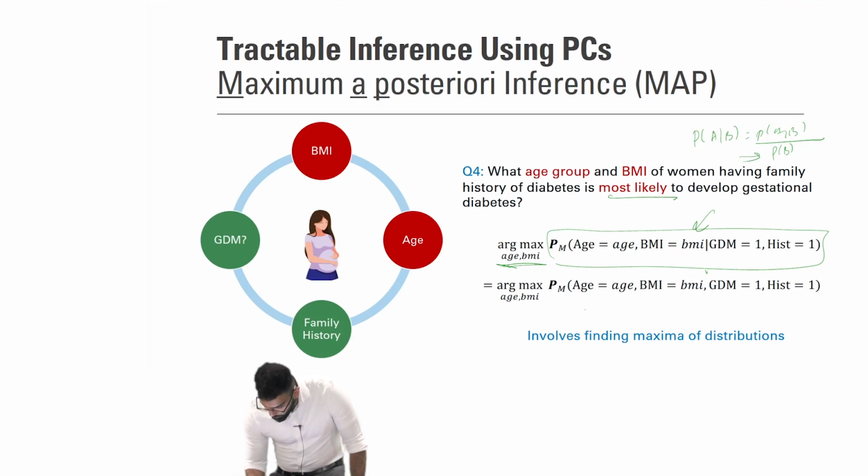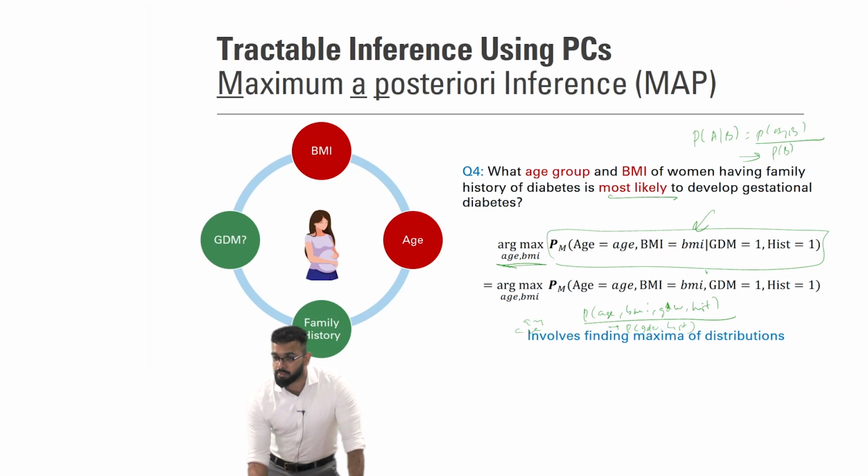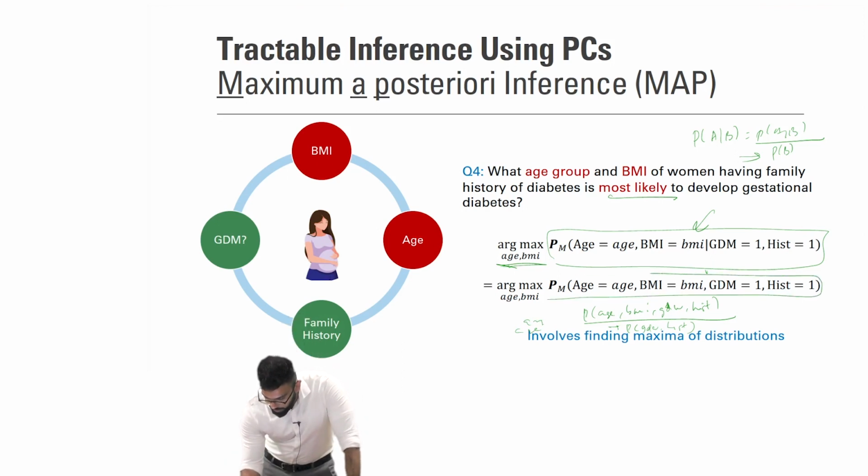If I were to expand, it would be P of age, BMI, GDM, and history divided by, what's the denominator? It would be GDM and history, right? Now, when I'm doing an argmax over age and BMI, this denominator doesn't really matter, because it doesn't have age or BMI. So what I need to do is just maximize the joint density here, right?